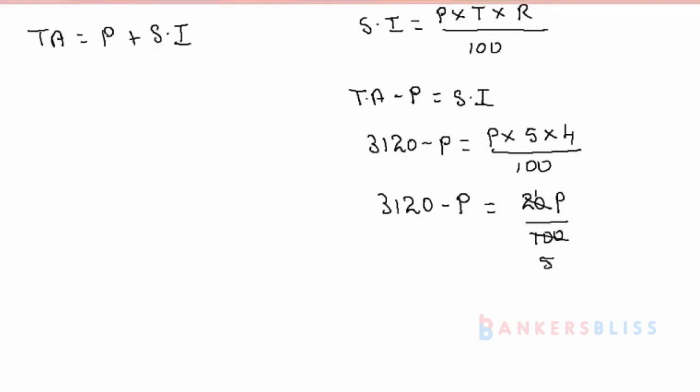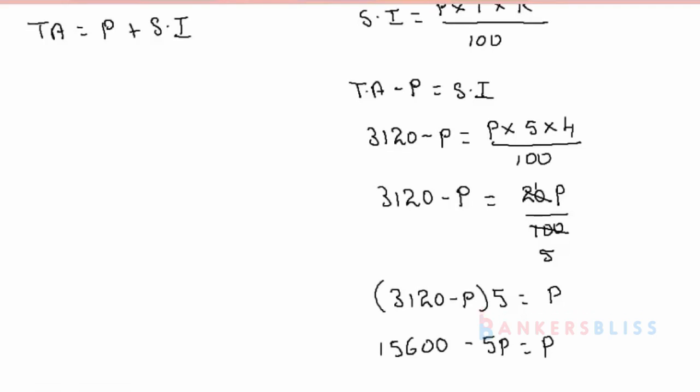Next, cross multiplication: 3120 minus P into 5 is equal to P. So, 5 zeros are 0, 5 2s are 10, 5 1s are 5 plus 1 is 6, 5 3s are 15. 15,600 minus 5P is equal to P.